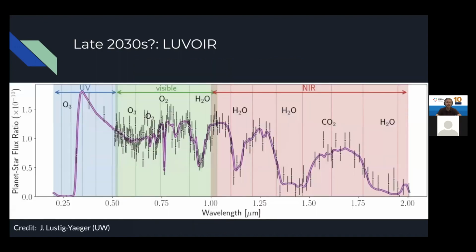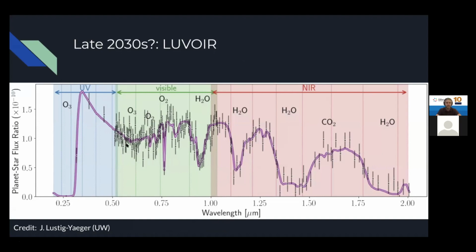This is an example of the spectrum of light that would come from an Earth-like planet if LUVOIR was looking at it. So you can see different wavelengths of light, where you have short wavelengths, bluer light, and then longer wavelengths, redder light over here. And here's how bright the planet's atmosphere is at different wavelengths.